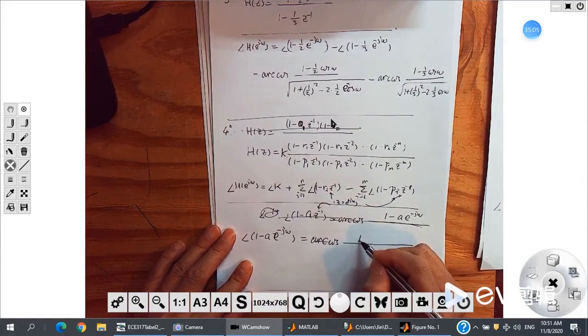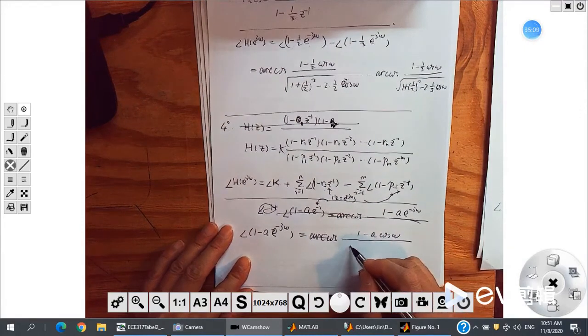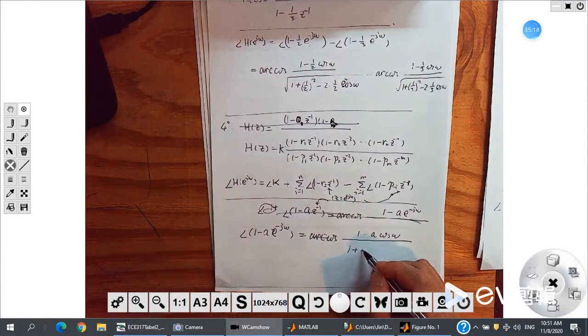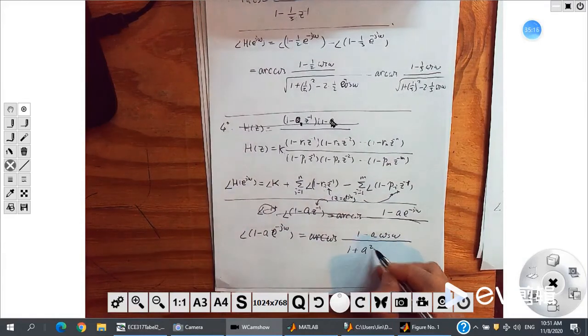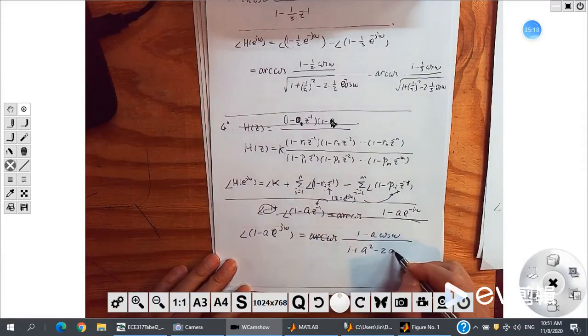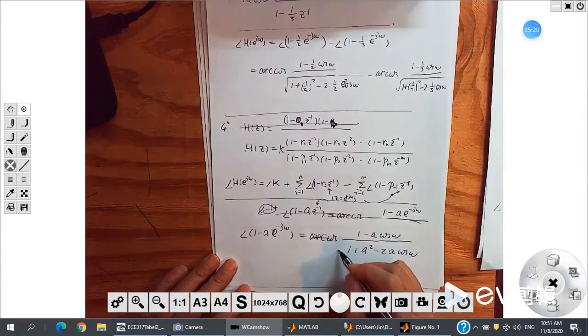The numerator is 1 minus a cosine ω, and the denominator is the square root of 1 plus a squared minus 2a cosine ω.